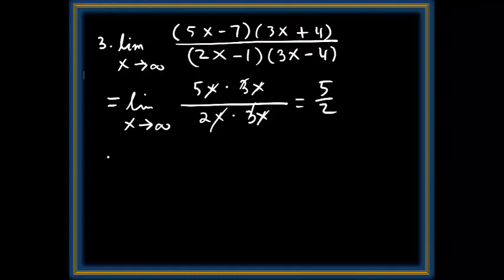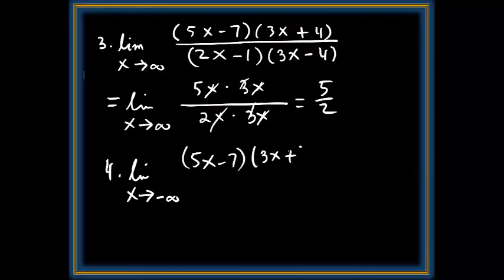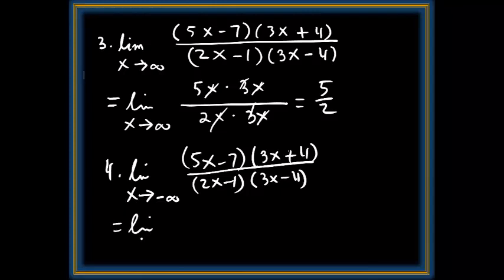That's the plain idea. Number 4, limit as x approaches negative infinity. Let me take the same thing, and then we have 2x minus 1, and then we have 3x minus 4. You just do the same thing.